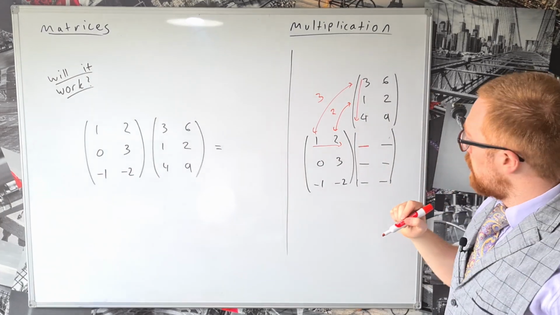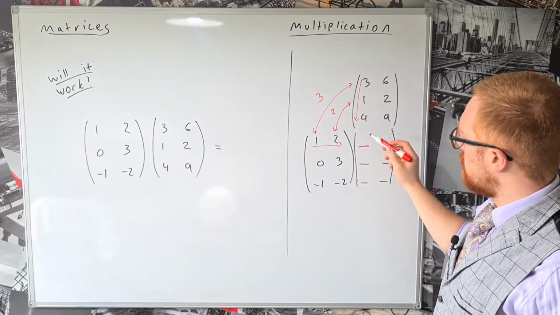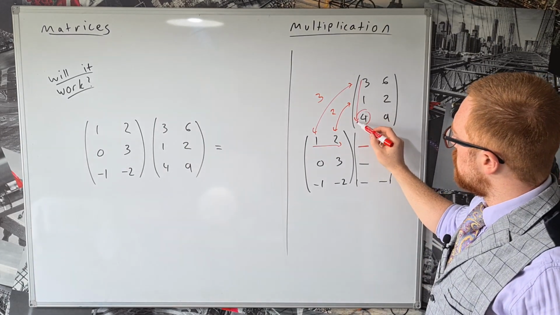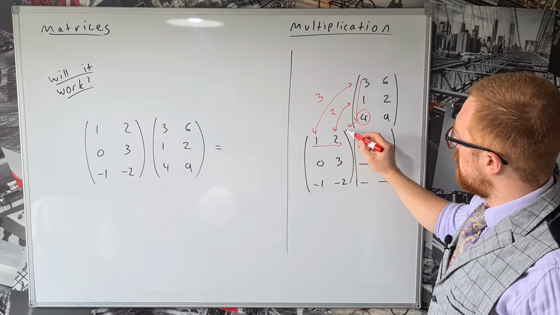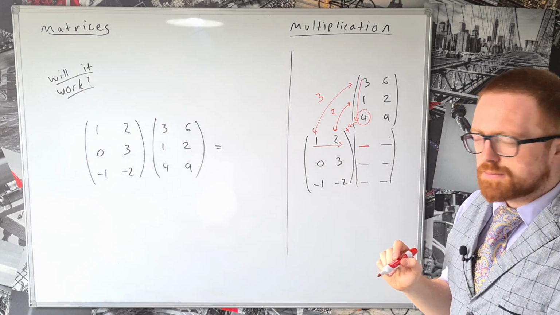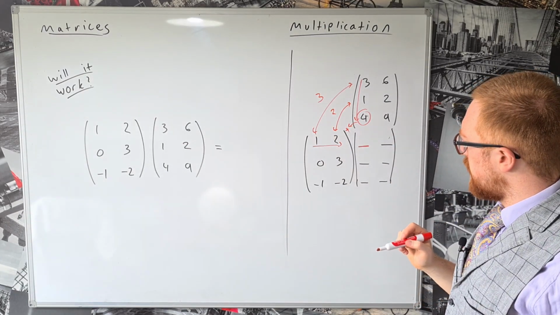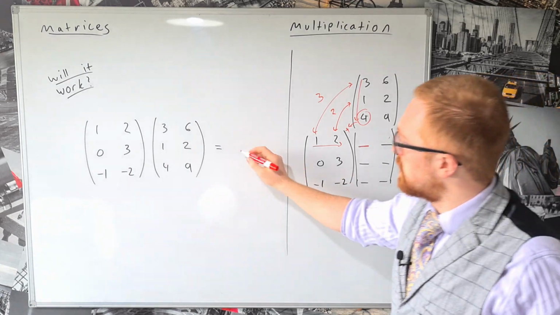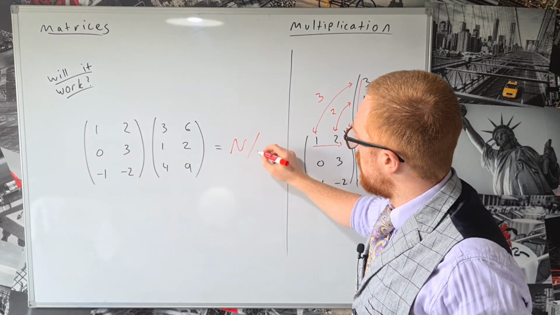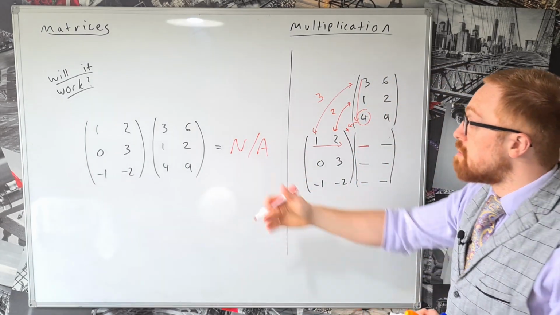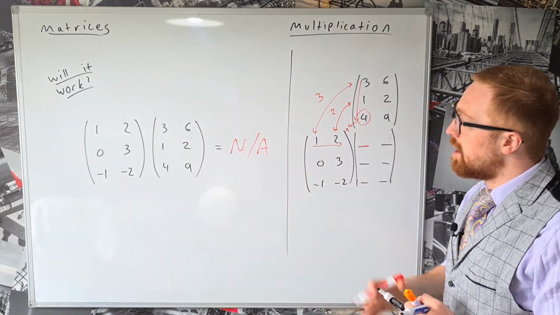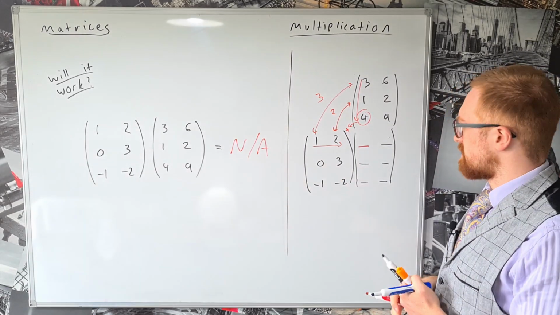But then we come into a problem because this 4 doesn't have anything that it can times by. So this one is not defined. It doesn't make sense. We can't multiply these two matrices together because they're not the right size.